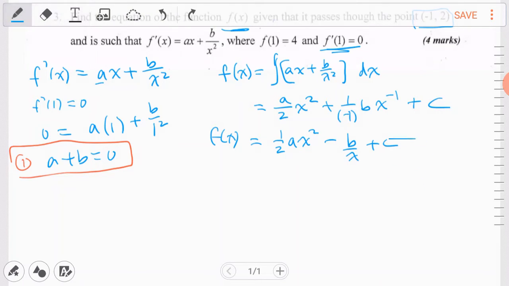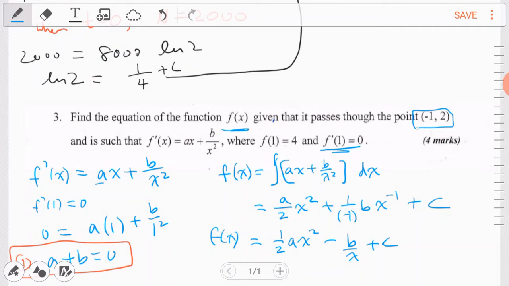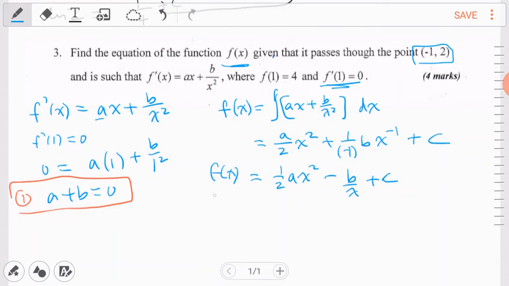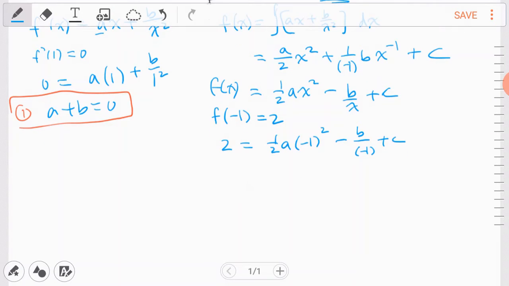But what we can do is find the full equation of f of x by substituting in this point, where f of -1 is equal to 2. That's another piece of information we have written in a different way, since f of x passes through this point. So we get 2 is equal to 1 over 2a times -1 squared minus b divided by -1 plus c. We get 2 is equal to 1 over 2a plus b plus c.